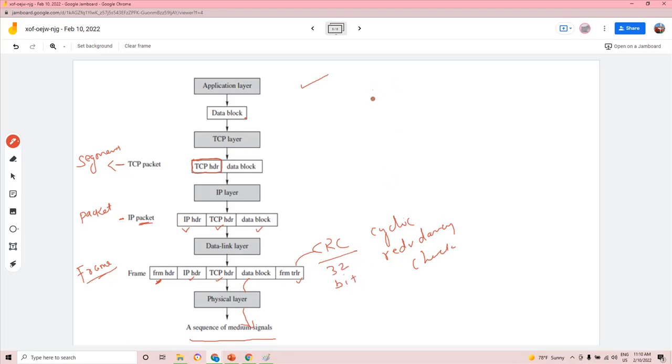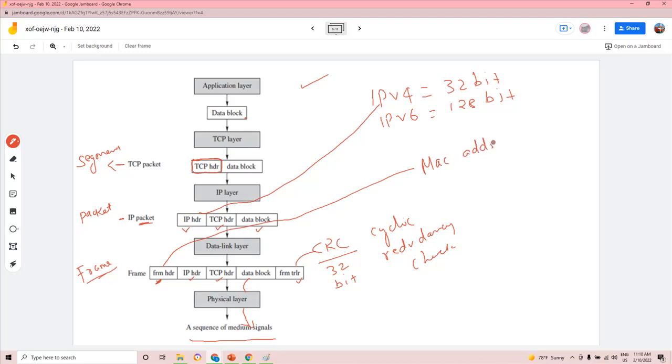So students, here IPv4 is 32-bit in the network layer, or IPv6 can be used, that is 128-bit, and the frame header has the MAC address, that is 48-bit. The TCP header has the port number, that is 16-bit. So you should know all this. We will be discussing that shortly.